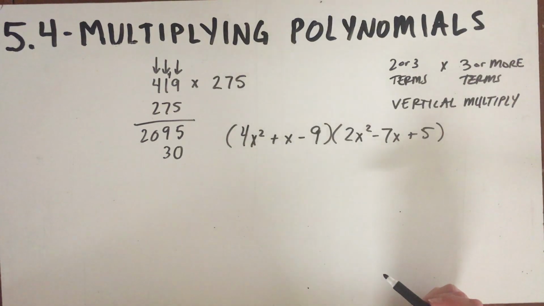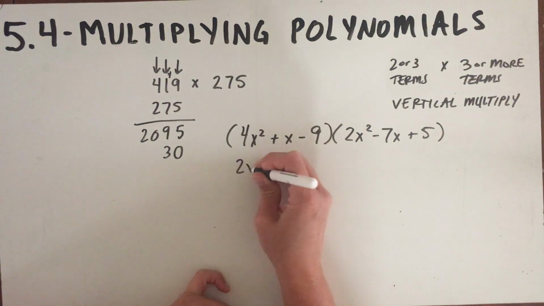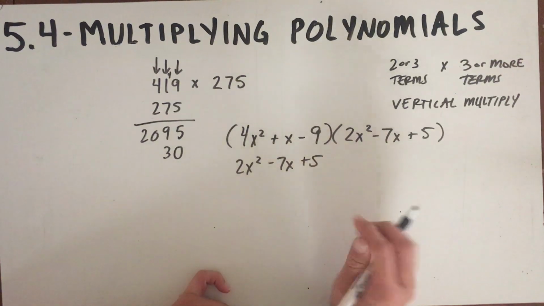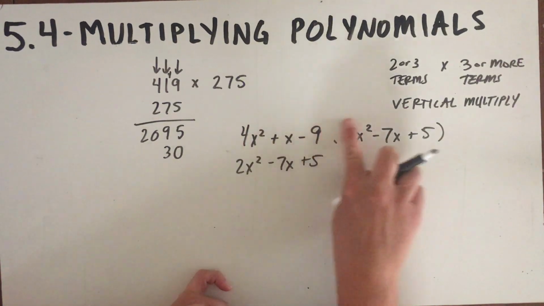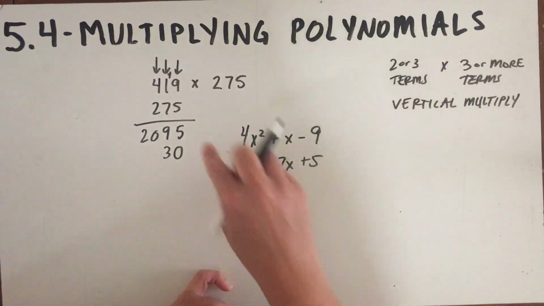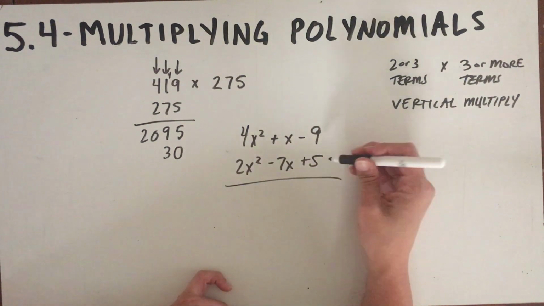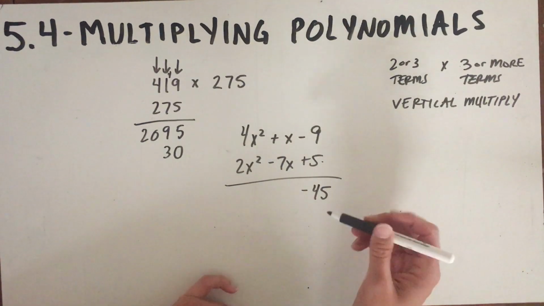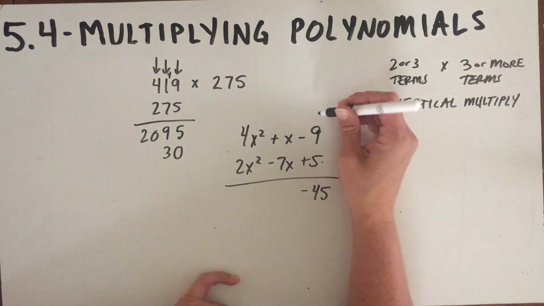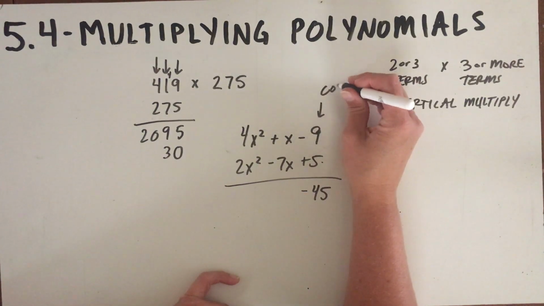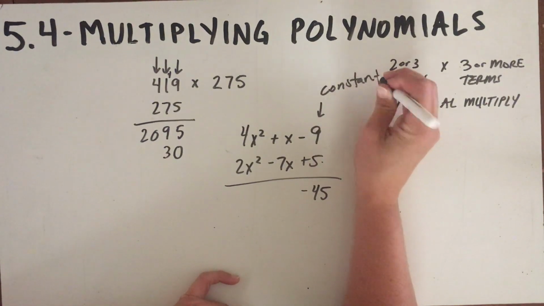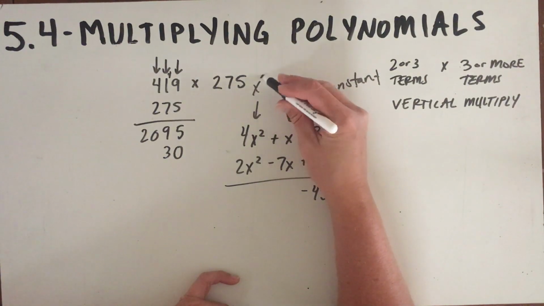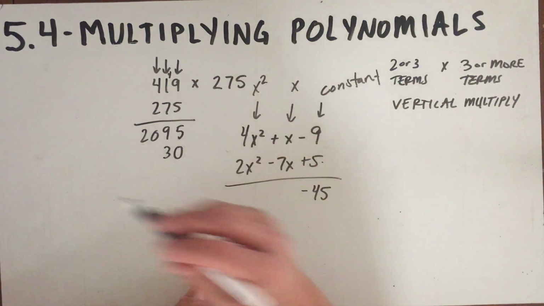What I'm going to do is line these up, and then do the multiplication vertically, just like we did right here. I'm going to say 5 times 9 is a negative 45, but it's even easier because I don't have to carry ever. This is my constant column, and I line them up. This is my x column, and this is my x squared column, and so on. If I had other ones, they would keep going.